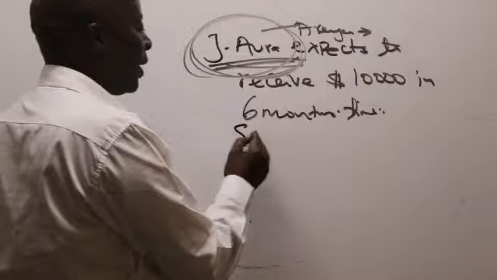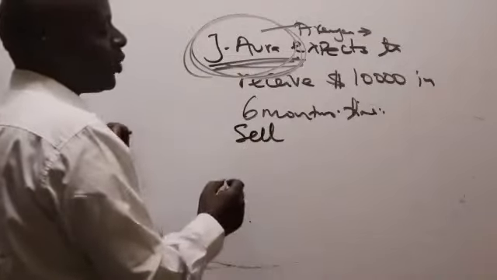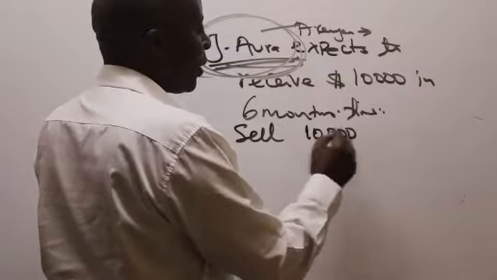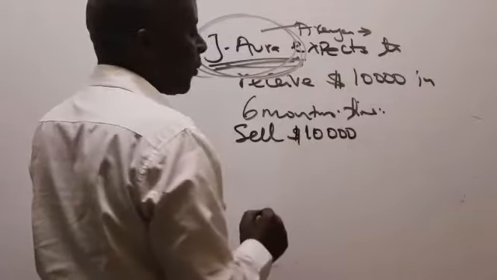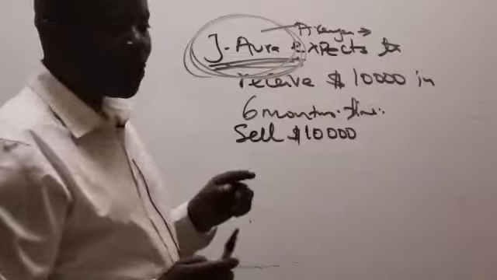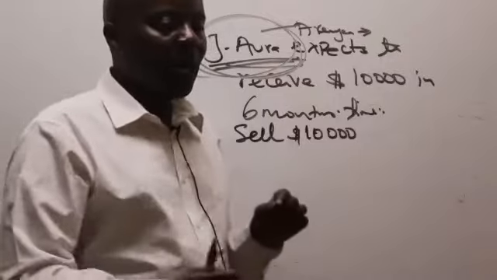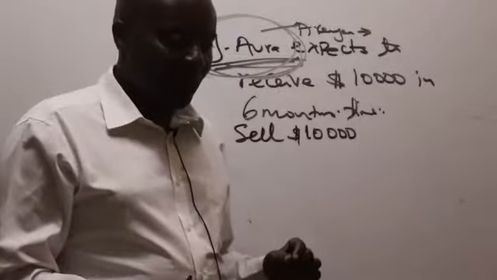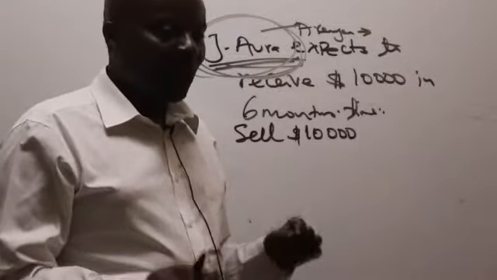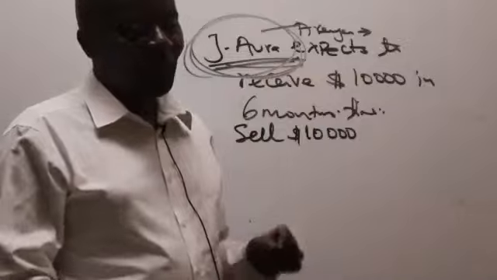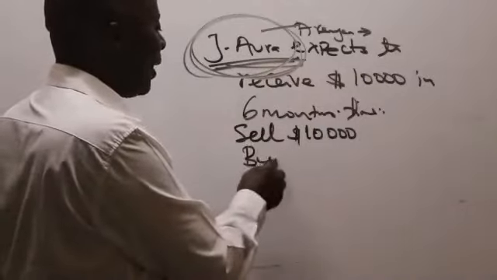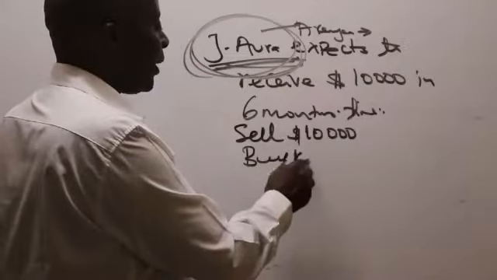So I will sell 10,000 US dollars. Remember, in options, it's about sell and buy. So if I'm selling something, I must be buying something. Who can tell me, what will I be buying? So in this case here, I will buy Kenya shillings.